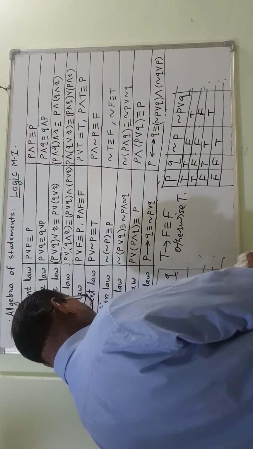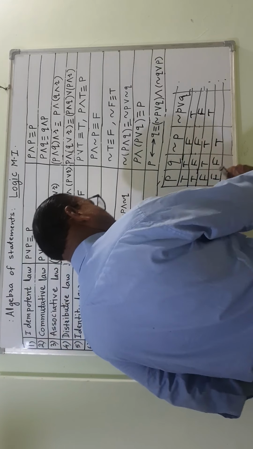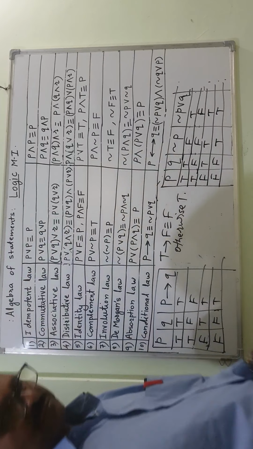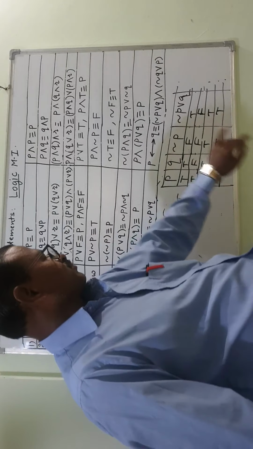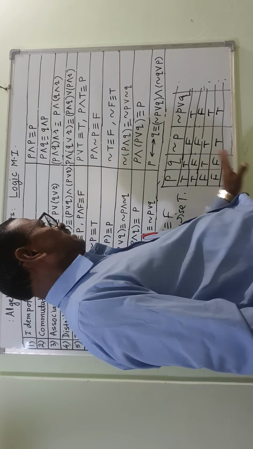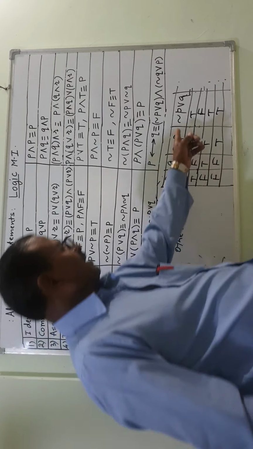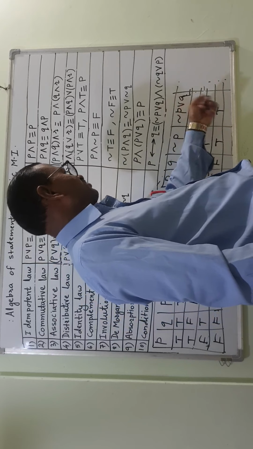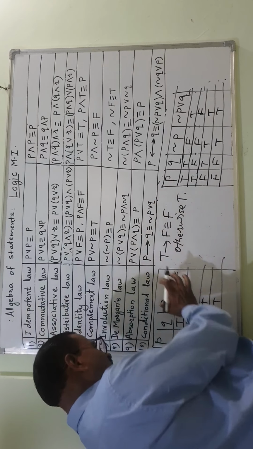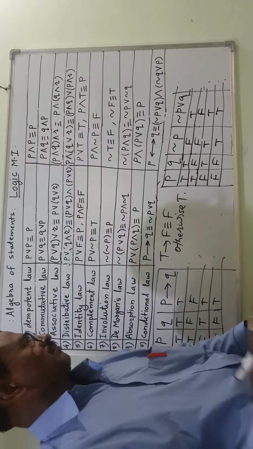So anyhow, from the truth table, it is coming true, false, true, false. Last this one, and this will be true. Nothing is wrong, absolutely correct. These two, these two are in parallel. Now check the last column of this: T, F, T, T. The entries in the last column of this and of this are same. That means they are equivalent. So from the truth table this is taken.